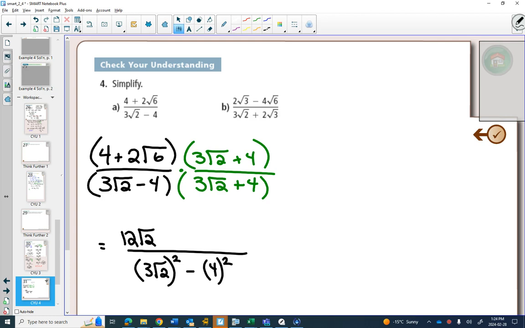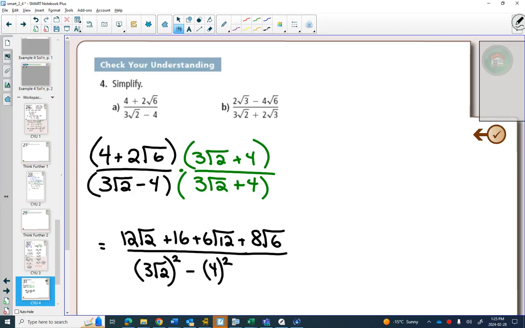Then 4 times 4, that's easy, that's 16. 2 root 6 times 3 root 2, well, 2 times 3, that's 6. And root 6 times root 2, that's root 12. And finally, 2 root 6 times 4, 2 times 4 is 8. And I just have the one root, so it's just 8 root 6. Are we done simplifying?